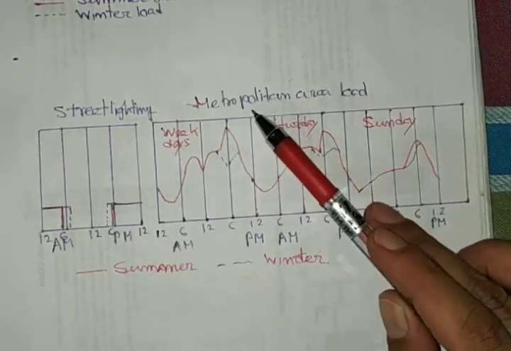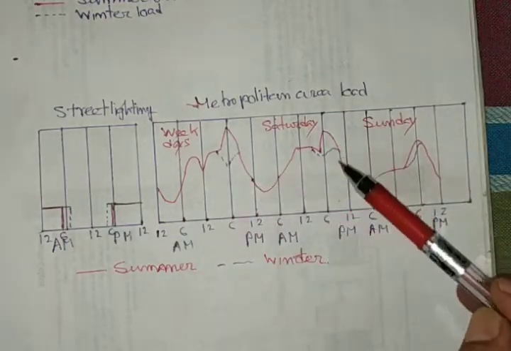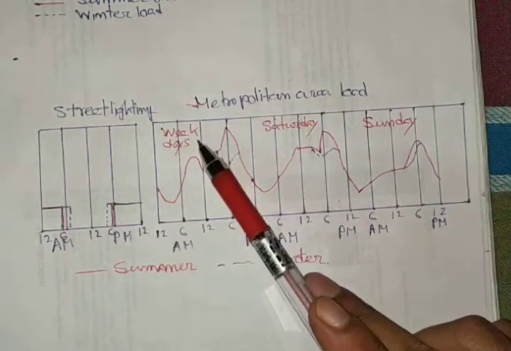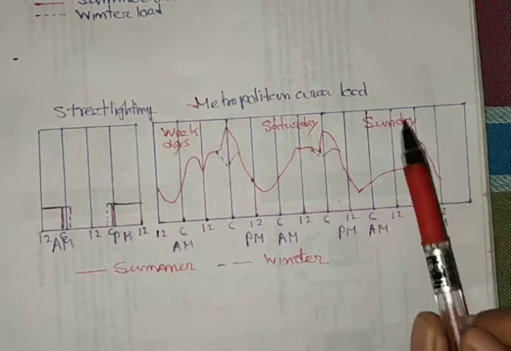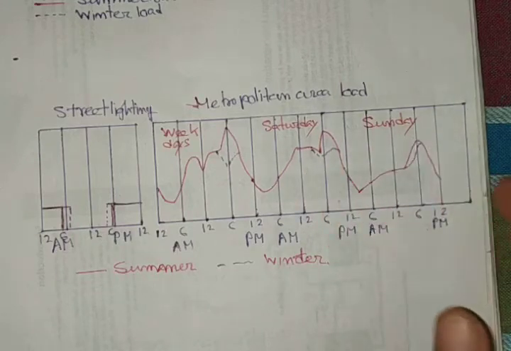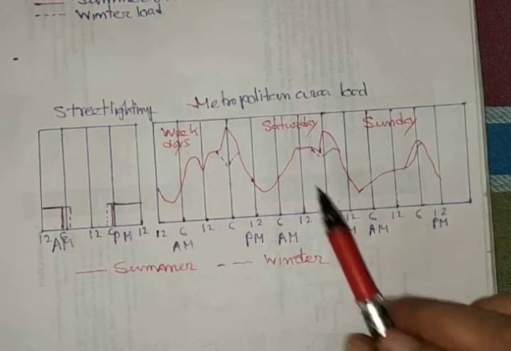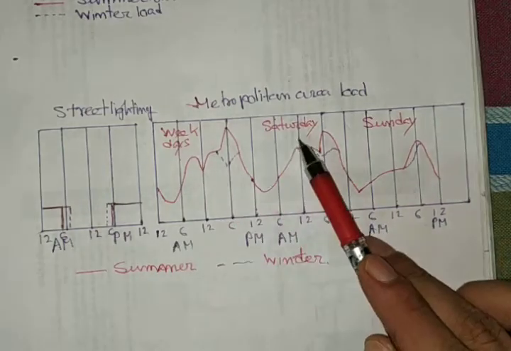Similarly, for a typical metropolitan area load, this is a typical distribution. Those are the weekdays. This is your Saturday, this is your Sunday. So this is a typical load curve for weekdays, Saturday and Sunday.